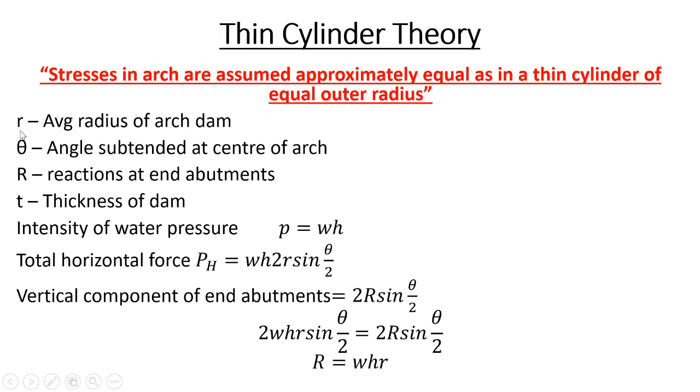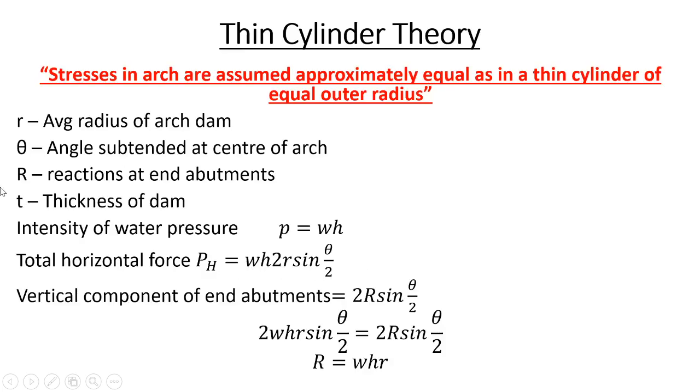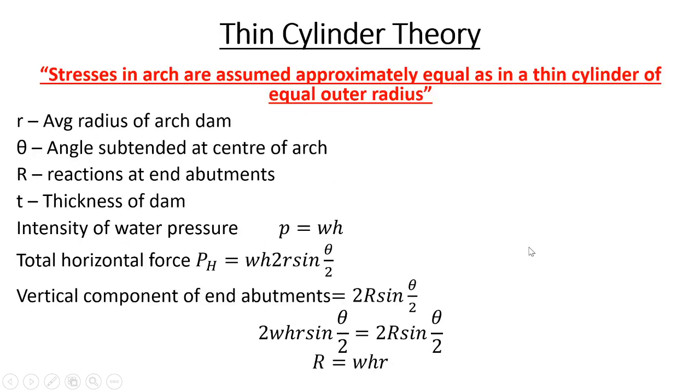Now let's see the different notations. Small r is the average radius of the arch dam. Theta is the central angle, and capital R is the reactions at the end abutments. This is capital R and this is capital R. Another new term is small t, the thickness of the dam.